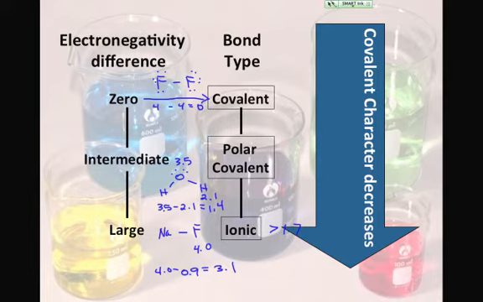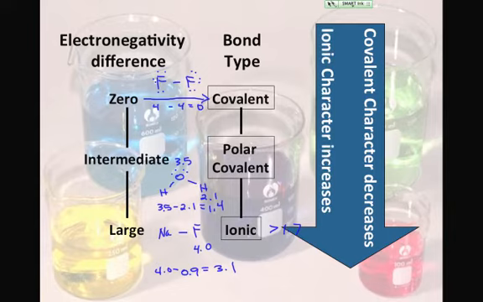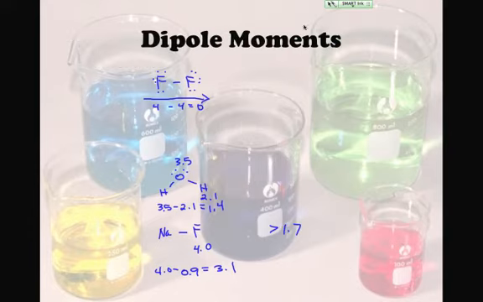So as we look at this scale, when it's 0, the covalent character is decreasing as the electronegativity difference increases. The ionic character increases as the difference in electronegativity gets bigger. So it's a sliding scale.